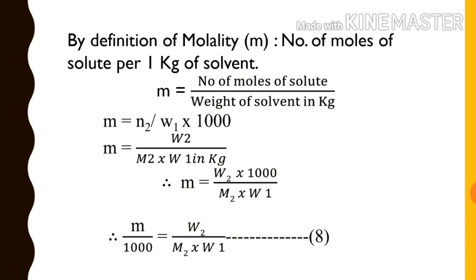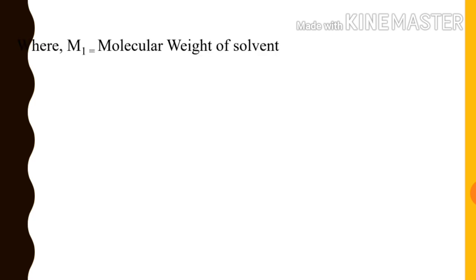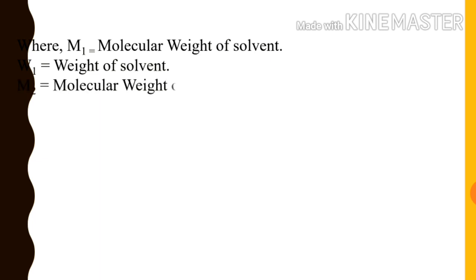Now putting equation number 8 in equation number 7. In the above terms, M1 is the molecular weight of solvent, W1 is the weight of solvent, M2 is the molecular weight of solute, and W2 is the weight of solute.